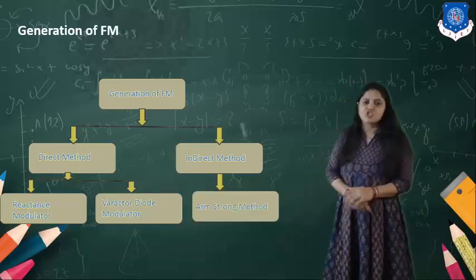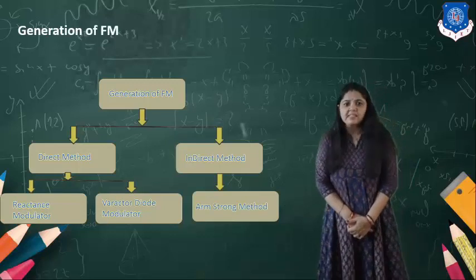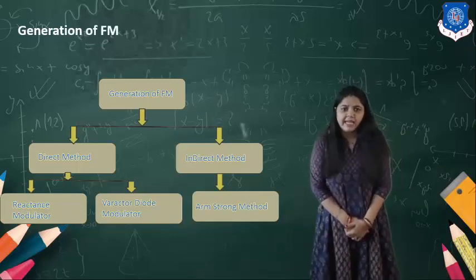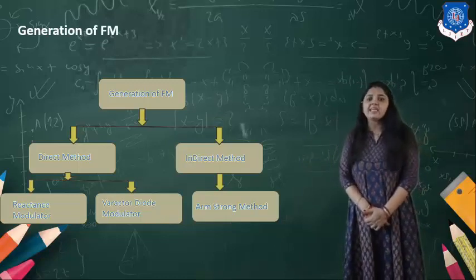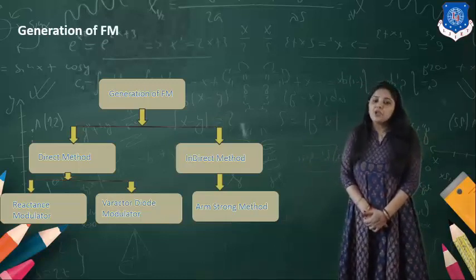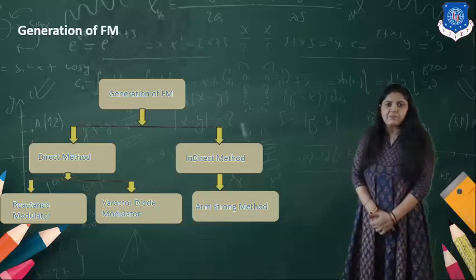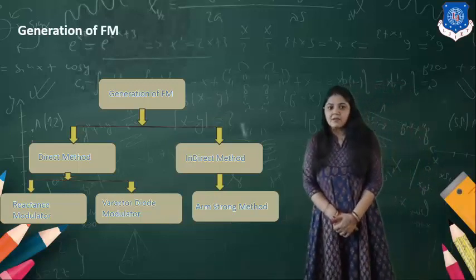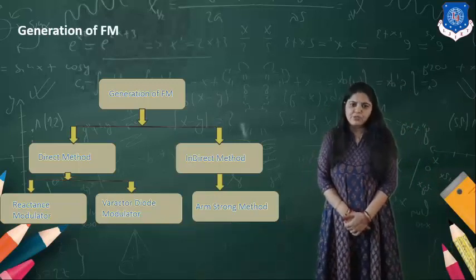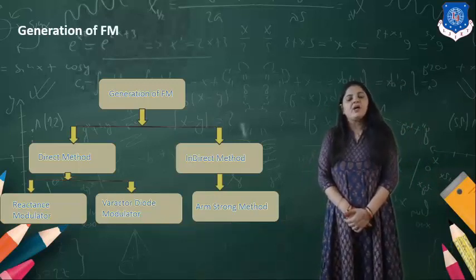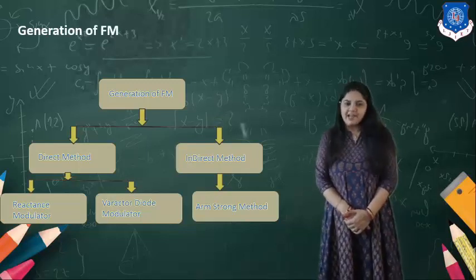It's the Armstrong method. Now what is the difference between the indirect FM and the direct FM? In the indirect FM, we are not generating the FM directly, but by the use of the phase modulated output, the PM output, we generate the FM wave.